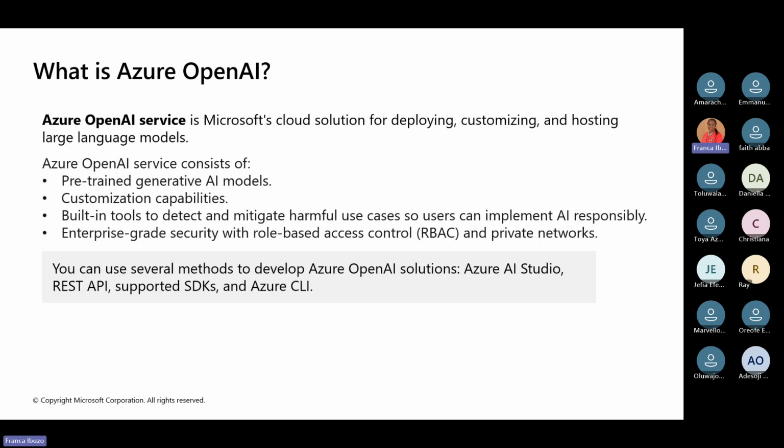Azure OpenAI Service consists of pre-trained generative AI models, customization capabilities, and built-in tools to detect and mitigate harmful use cases so users can implement AI responsibly. It also has enterprise-grade security with role-based access control, that's RBAC, and private networks.